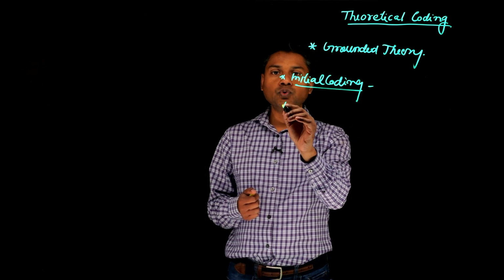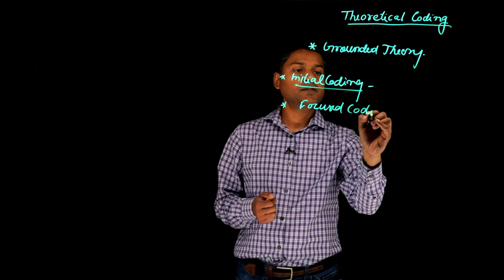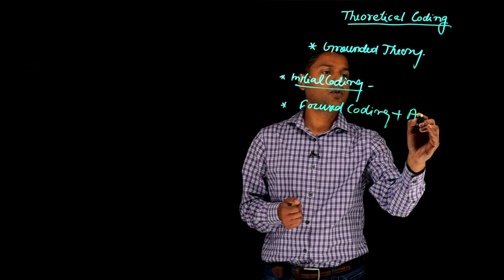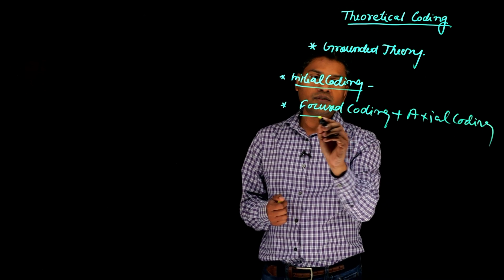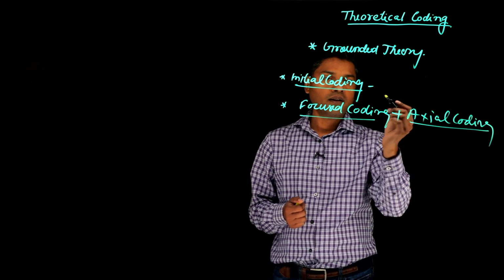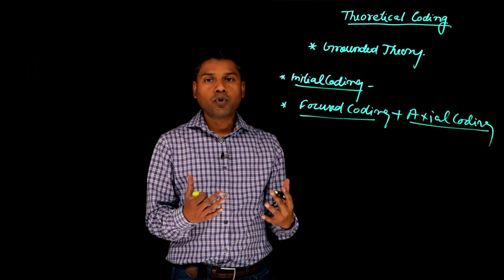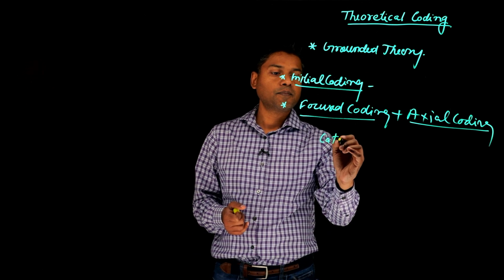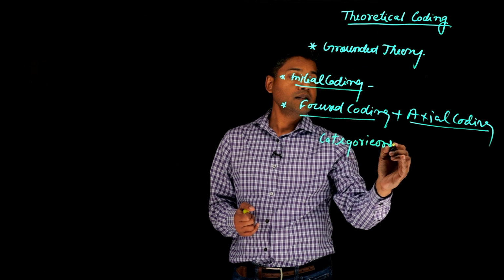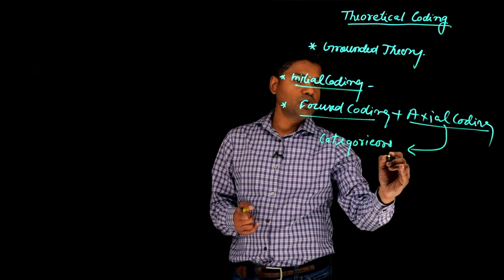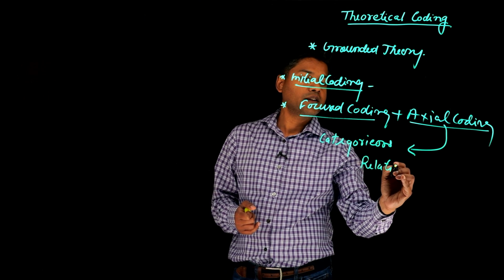Then you do focused coding as well as axial coding. Both help you refine your codes and come up with broader categories, and axial coding helps you to understand relationships between those categories.